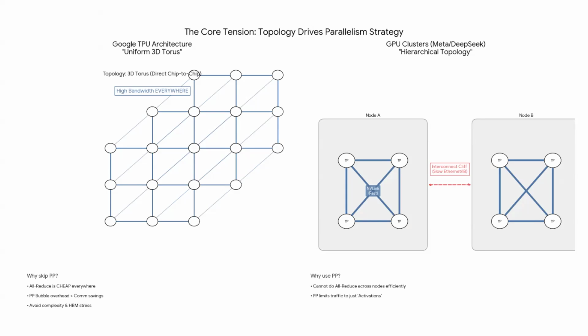It's called Uniform 3D Torus, direct chip-to-chip communication, and therefore they don't really have to care about pipeline parallelism. They don't have to solve this bottleneck because they can efficiently do tensor parallelism across many, many TPUs. So, in my view, it's just a more efficient way to train and to parallelize, and it all comes down to the specialized hardware design in the first place.